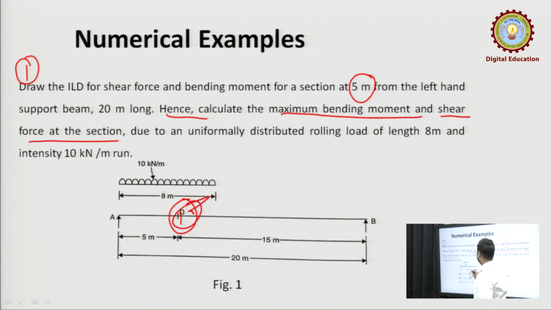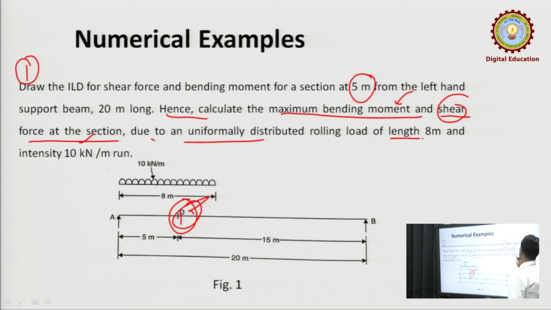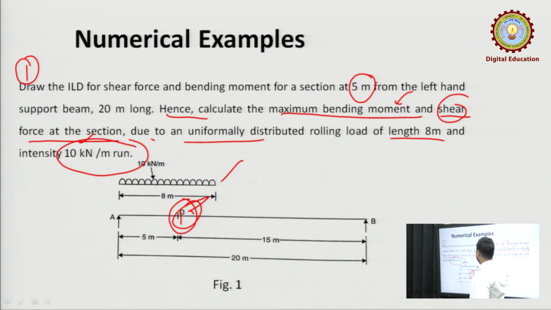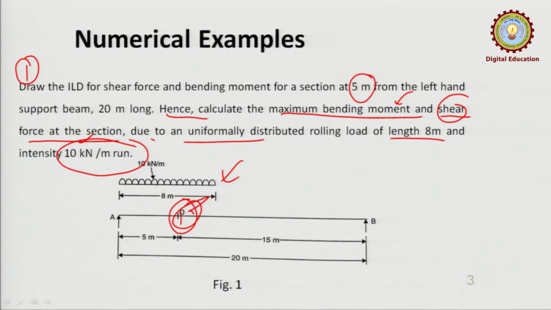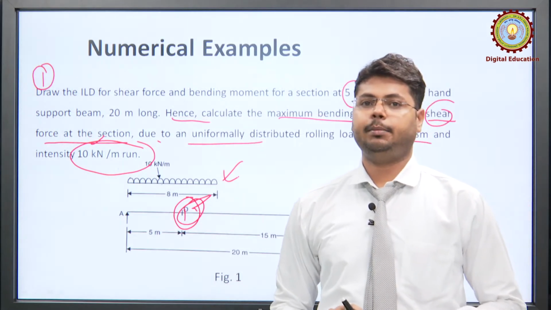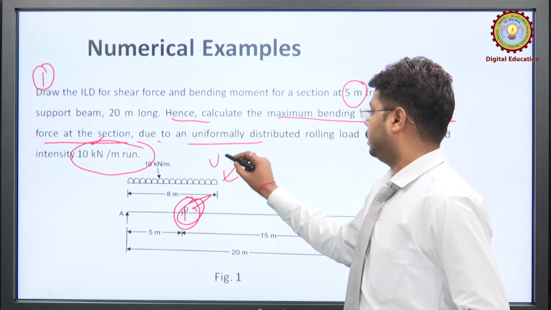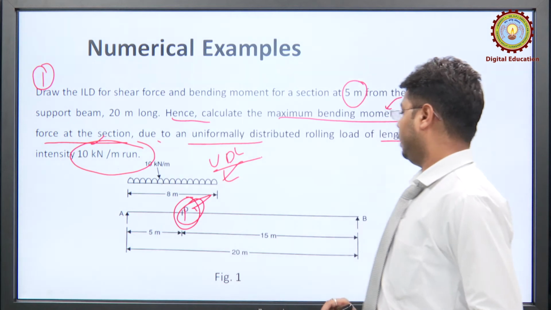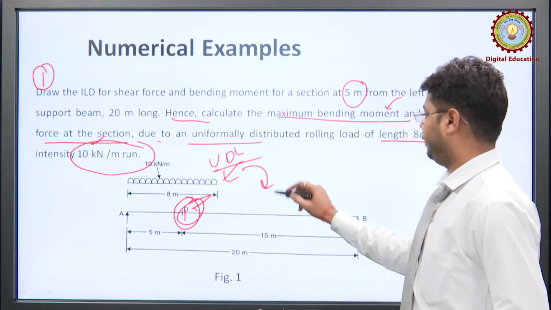In that section he is asking what will be the maximum bending moment and the maximum shear force due to a uniformly distributed load over a length of 8 meter, with intensity 10 kilonewton per meter run. So the numerical says that we have a rolling load of 8 meter, which is a UDL over a simply supported beam.